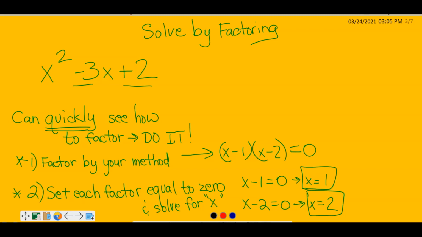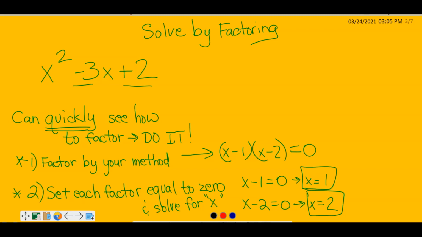And just to remind ourselves, when we solve something, we're isolating the variable. In the case of quadratics, you're looking for the zeros of the function, right? Where the parabola crosses the x-axis, and if it crosses the x-axis.